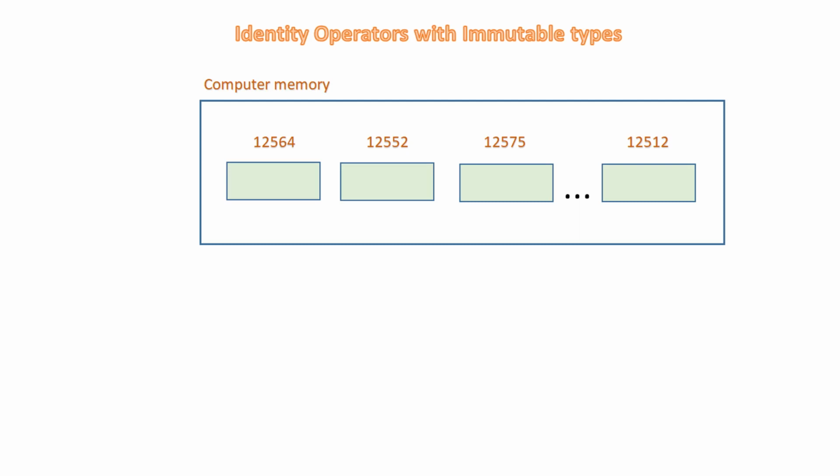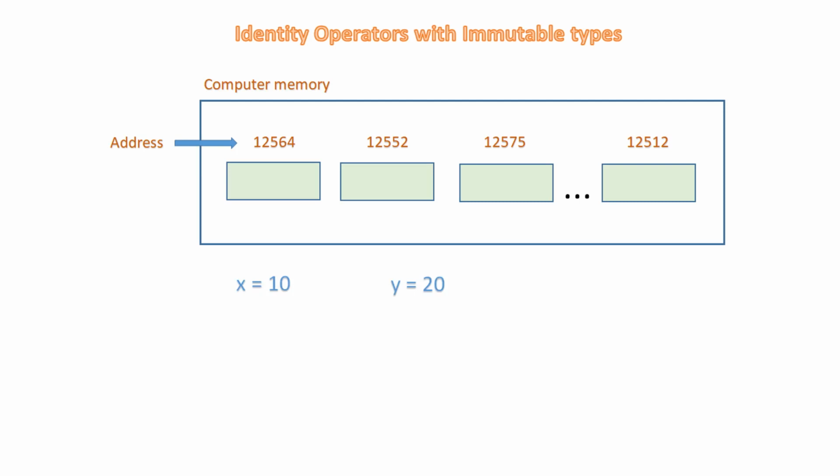Before that, let's understand how the variables and values are organized internally in computer memory. Consider this as a computer memory. We will have memory locations to store values, and these memory locations are identified by its address. Assume that we have two variables, x is equal to 10 and y is equal to 20.